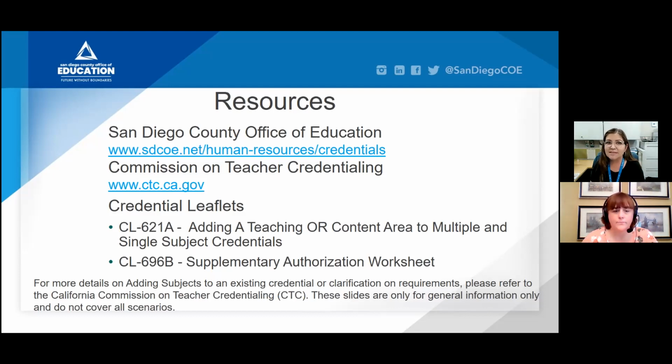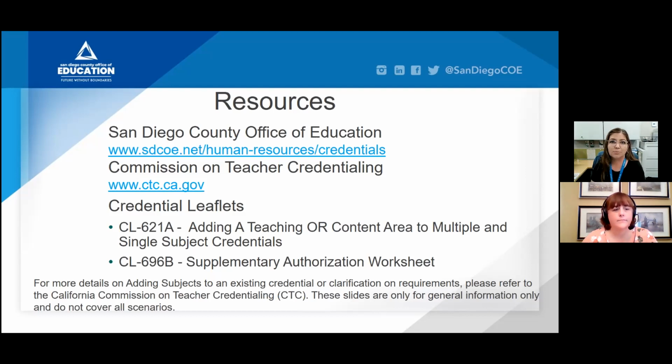Usually the course title will say what the course is, and it's pretty easy to determine. If you believe that the course title does not indicate what area was met, you do need to provide course descriptions, course catalogs, syllabi, any supporting documentation to prove that it's that class.